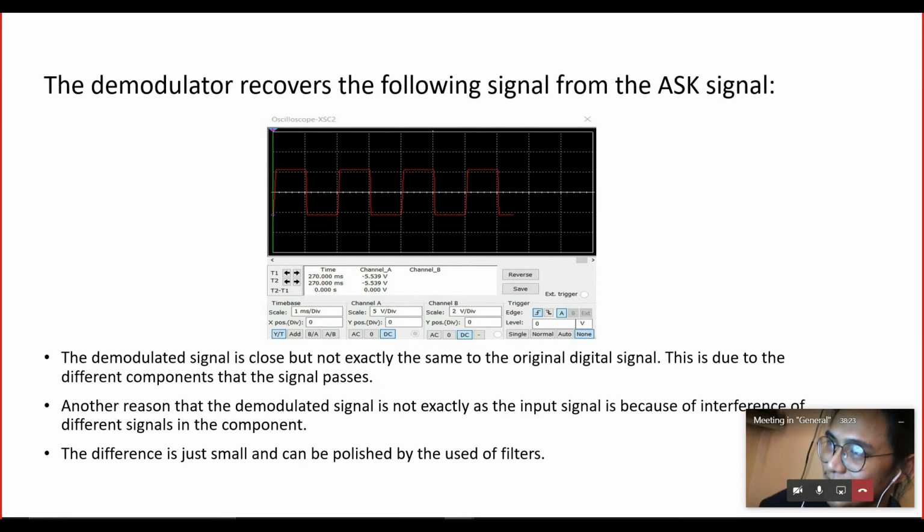Because ASK relies on the amplitude of the signal, the components can have different effects on it, which can produce a signal that is a little bit higher compared to the original signal. But the difference is small and can be polished by the use of filters.